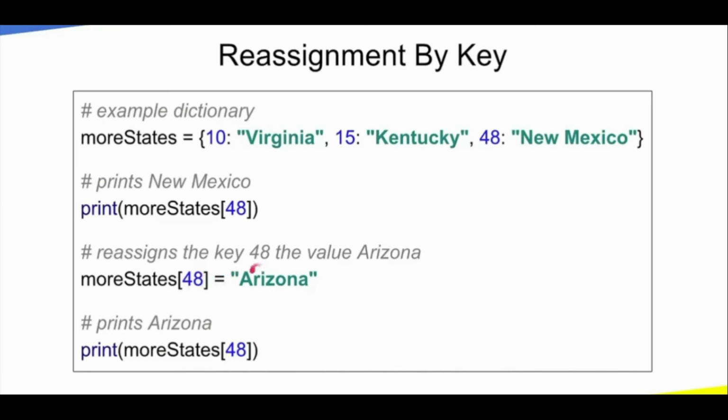So now Arizona is the new value for our key number 48. When we try to print more states 48, the old value New Mexico gets replaced by Arizona, so Arizona would be printed now.